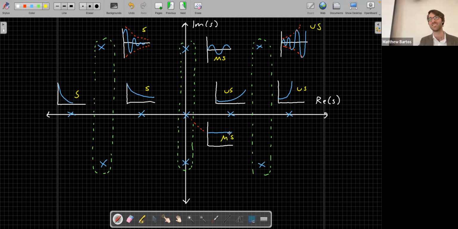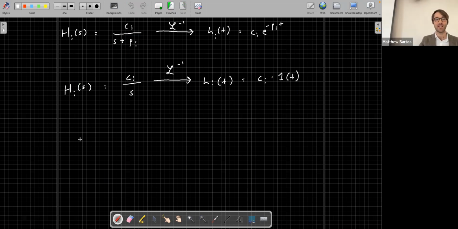of any input. Well, what if we have, for instance, that Y of s is equal to H of s times U of s, right? Let's just call this Y_i of s, H_i of s, U_i of s. What if our H_i of s is Ci over s, and our input is the step function?